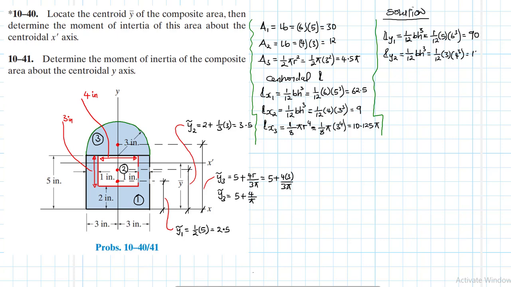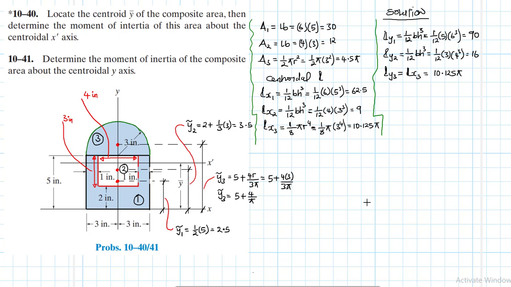This becomes 16, okay? Then finally, moment of inertia for shape number 3, which is equal to Ix3. These are the same. So we have the same value, which is just 10.125 pi.